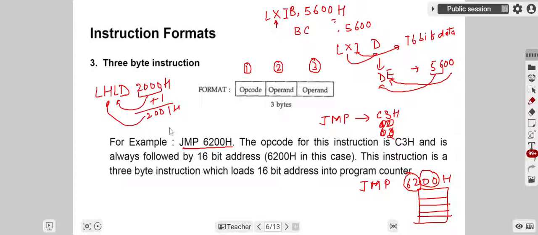So here also we require 3 bytes to store this instruction. LHLD is one opcode. Then this 00 would be stored in the next location, then 20 will be stored next to that location. So this instruction also requires 3 bytes, meaning 3 locations.